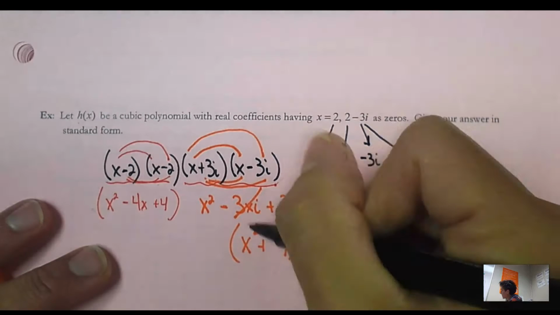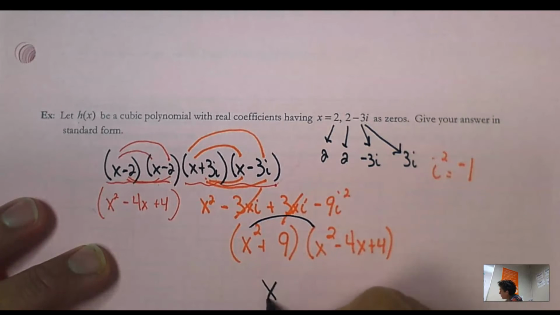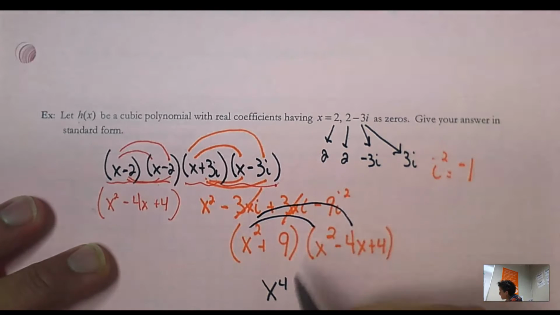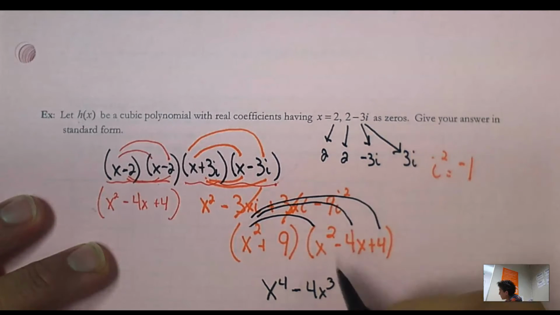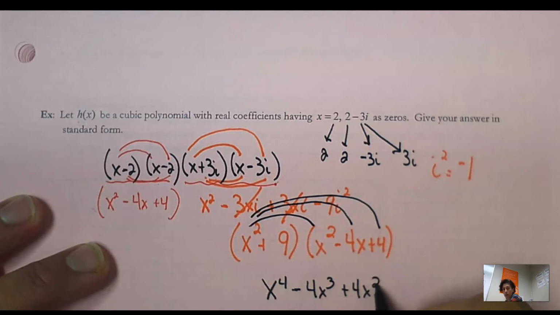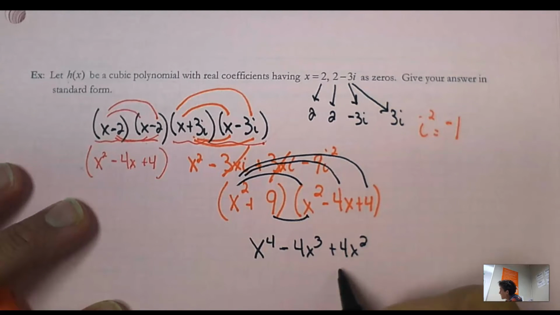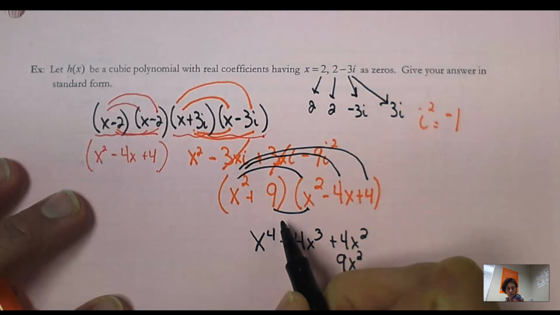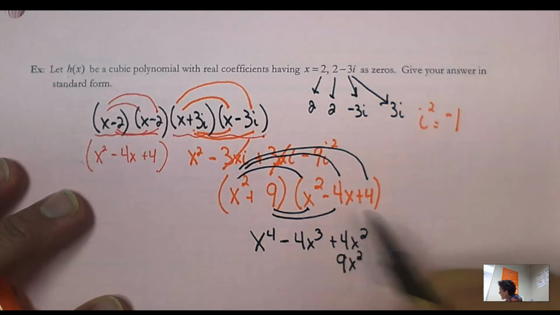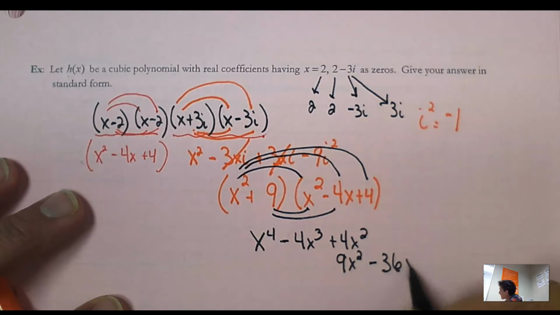So we start, you get x to the 4th, you get a minus 4x to the 3rd, and you get a plus 4x squared. And then this neighbor meets, so we get a 9x squared, which I like to stack with the other x squared, because I'll have to combine those like terms anyway. And then I get a minus 36x, and then I get a plus 36.